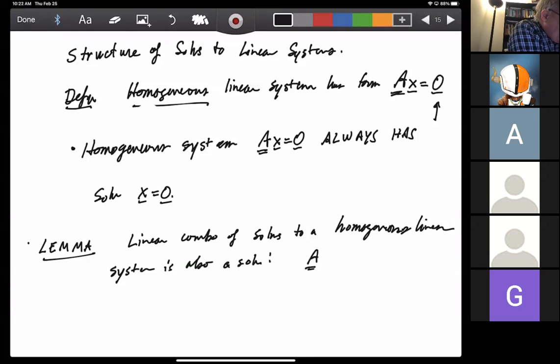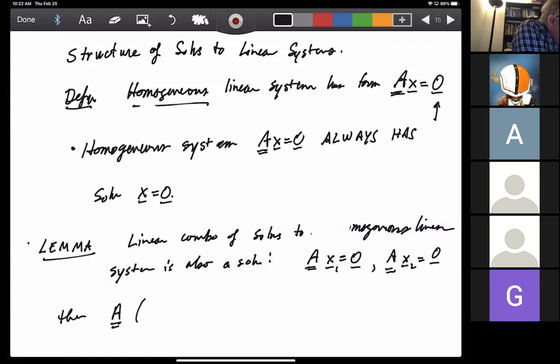Right, so if AX1 is equal to 0, and AX2 is equal to 0, then A times (C1 x1 plus C2 x2) is also equal to 0.